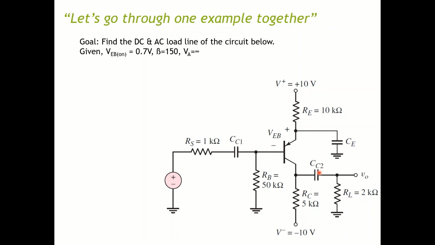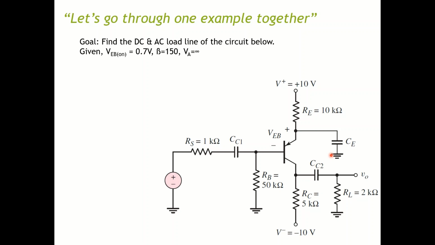So what's next? Now let's take a look at the base. At the base, you can see that you have a coupling capacitor. At the collector, you basically have a bypass capacitor, but you also have a bypass capacitor at the emitter.